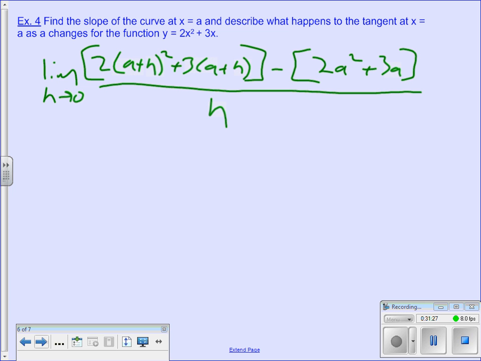That's what that question is asking you to do. Instead of at a particular value a, you're doing it at a generic value a. So you're going to get a generic formula for the slope. Please take a couple of moments and do the algebraic manipulations.